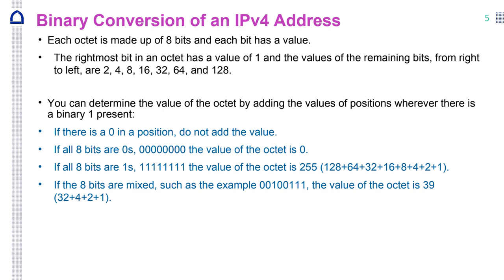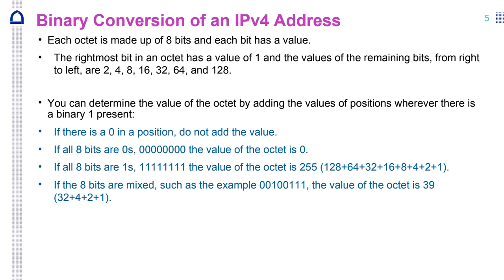Okay, so what would be the value of this one? Just for example, it will be 1 plus 2 plus 4 plus 8 plus 16 plus 32 plus 64 plus 128, which is equal to 255. Maximum number is 255. What about this number? Just looking at it, it is 7 plus 32.